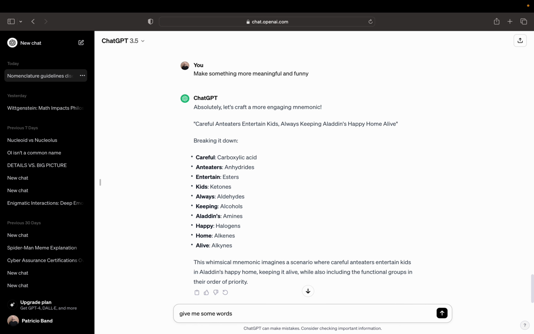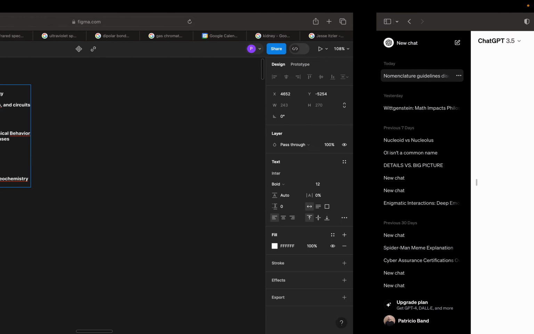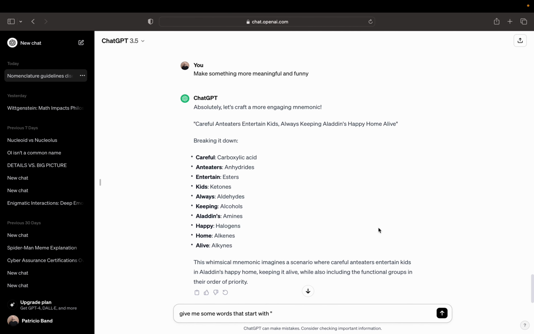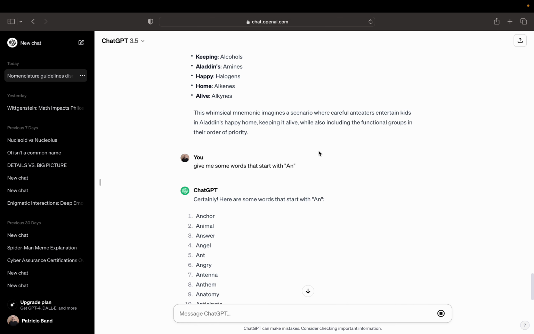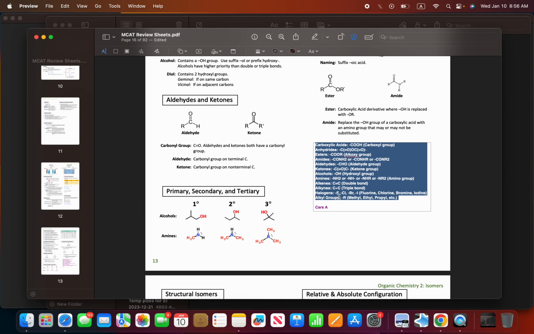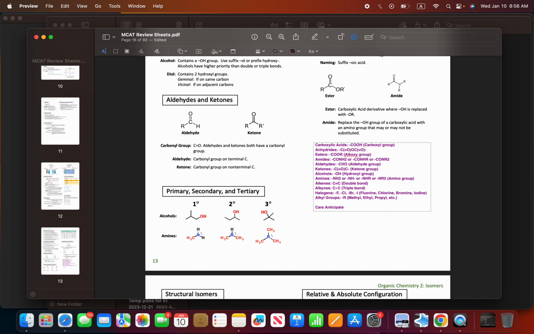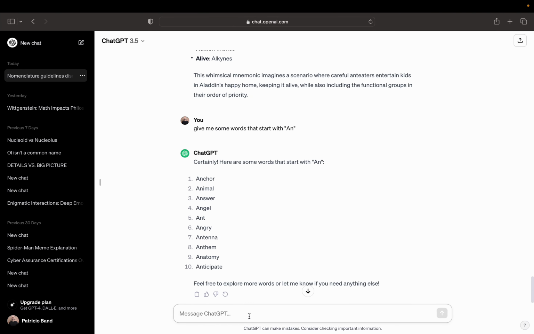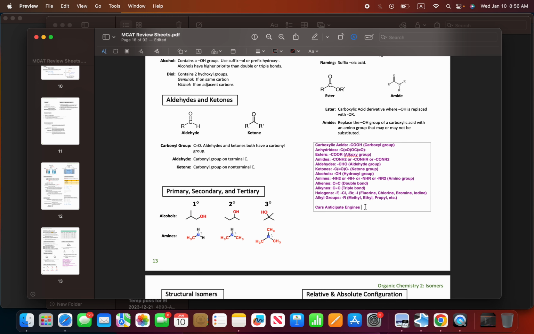Give me some words that start with cars. And answer. Anticipate. Engines. Emits.